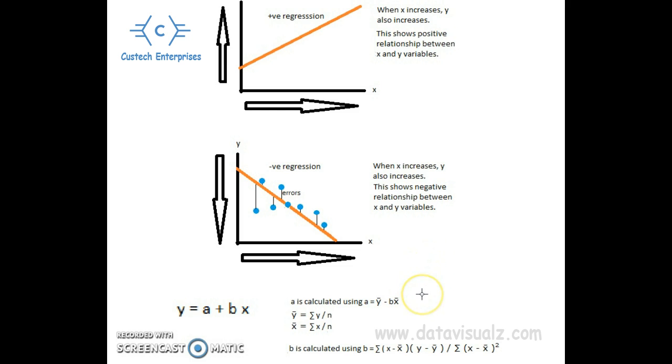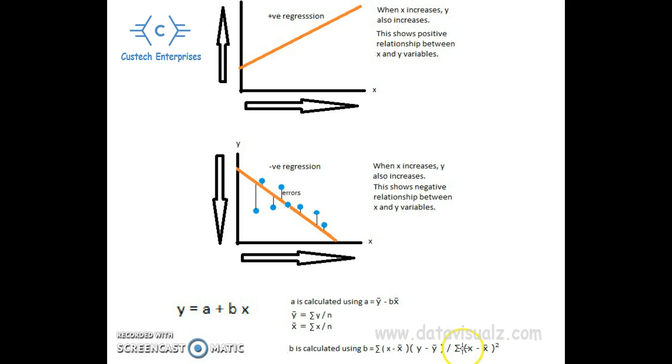Here, the formula is a bit changed because there are so many observations involved. The formula is simple, though: we calculate deviations of each observation from its mean. You can see here x bar is the mean and x is the actual observation. So we subtract the mean from each observation of x, multiply by the deviation of each observation of y from the mean of y, take the summation of this, and then divide it by the summation of the squared deviations of x from the mean of x.